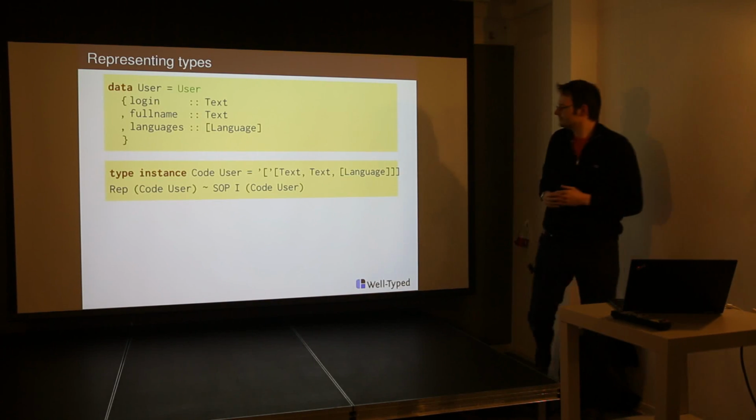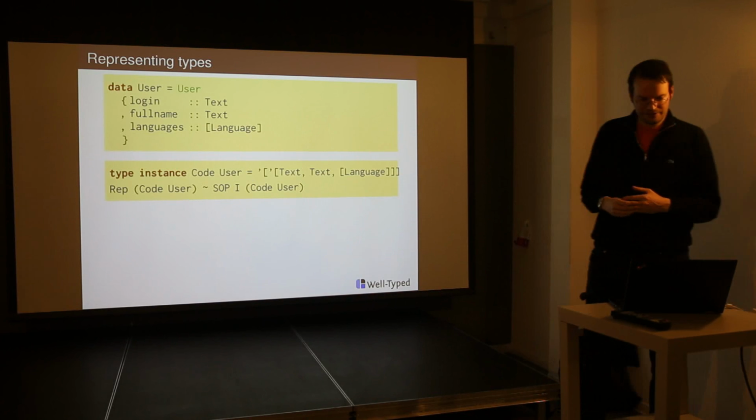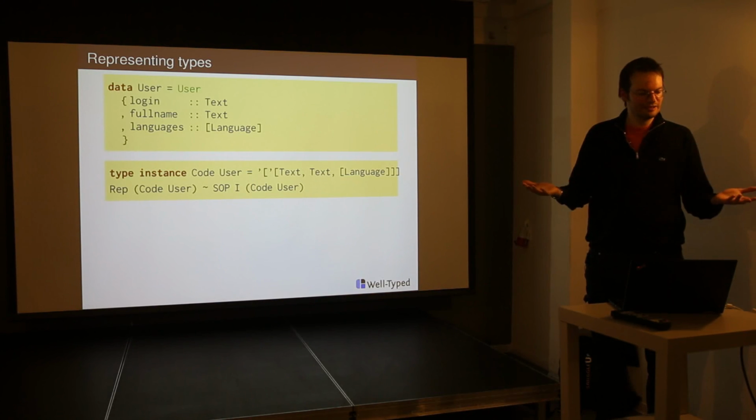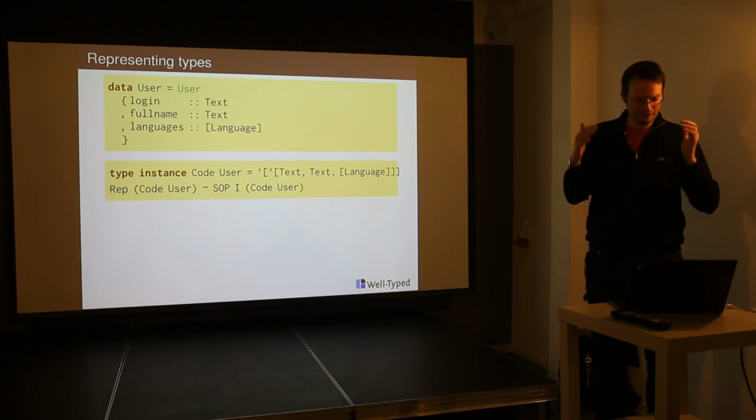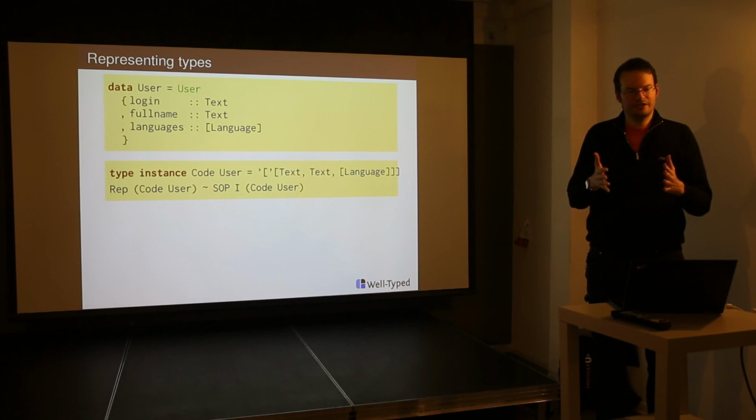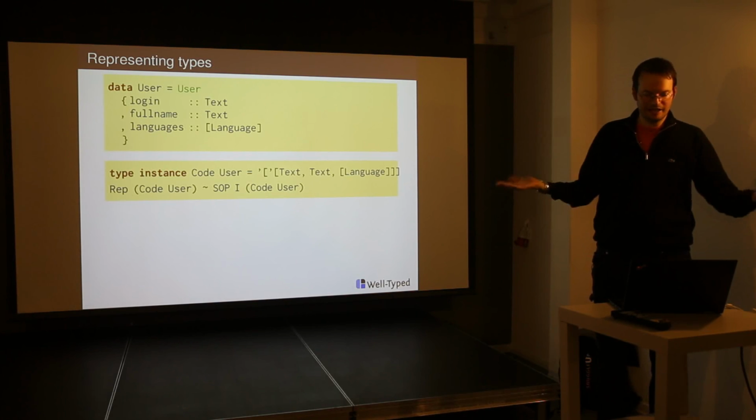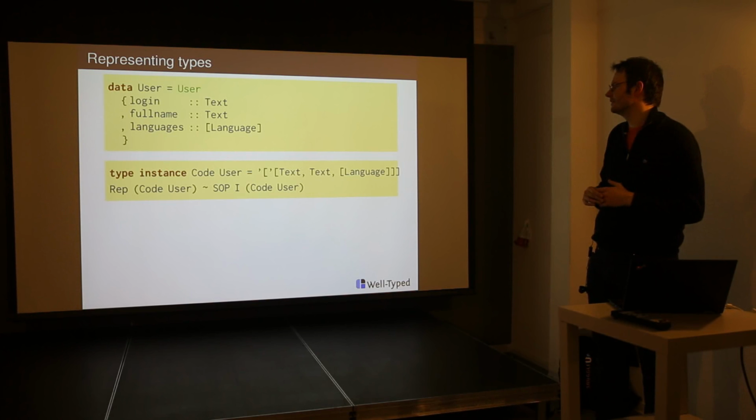Right. And you can think of it, as I said, the essence of data type generic programming is focusing on the structure and forgetting about the names for the time being.